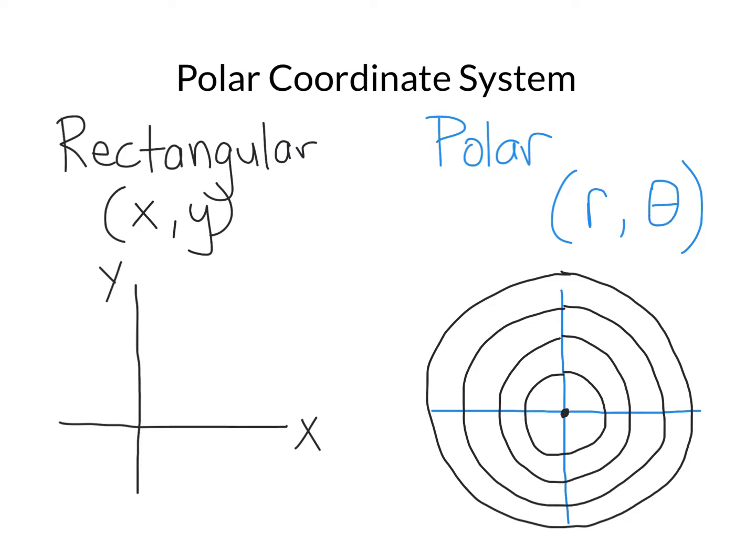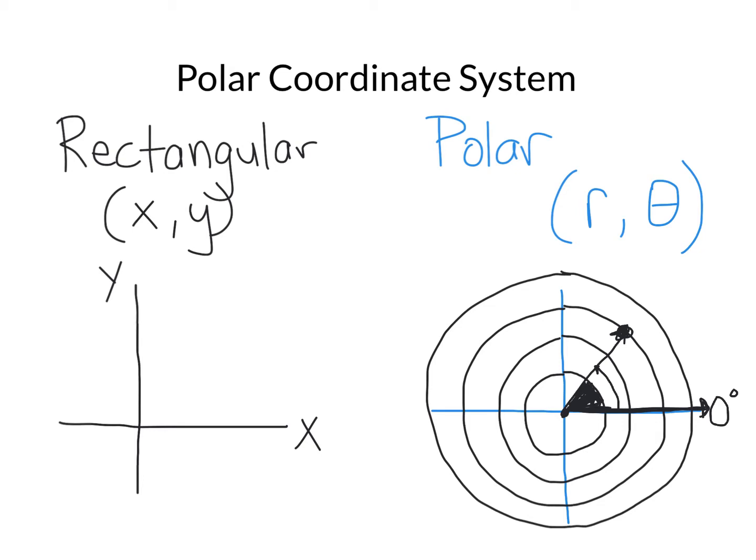From 0 degrees, which is still here, how far have we rotated up in order to make that angle? That's the angle we're talking about, and then this would be the point. So there's always a point: a radius, a distance away from 0, and an angle. How far have you twisted from the 0 degree positive x-axis?